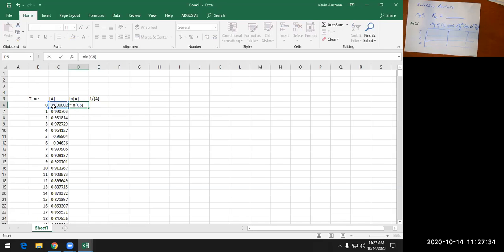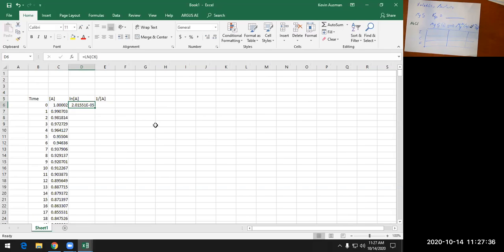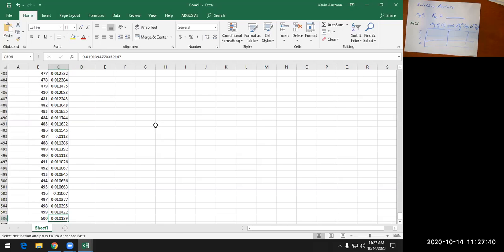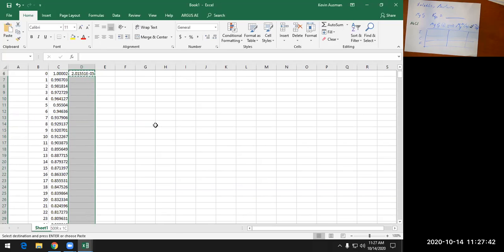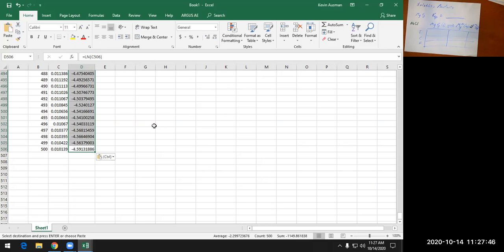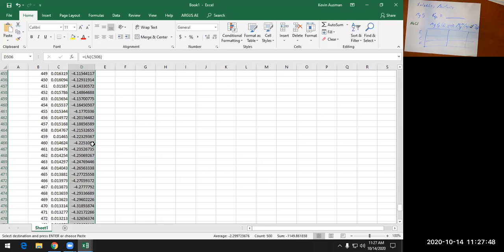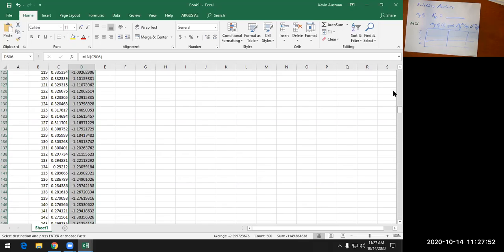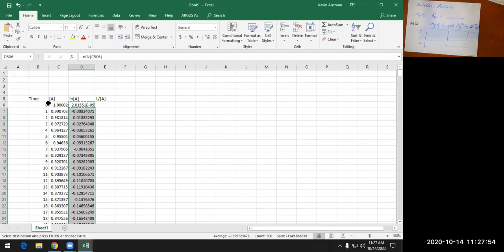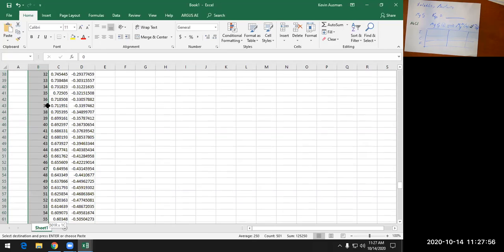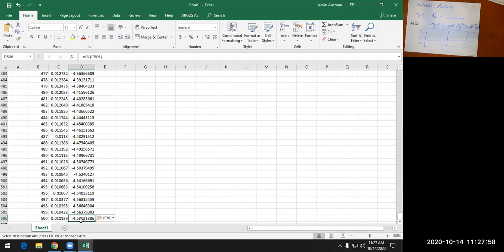Those parentheses, hit enter. It takes the natural log of it. And we can now take that, use some of the tricks that I talk about in the tutorial video to copy that formula over the entire range that you have here. We can now select this entire range, and again, okay.